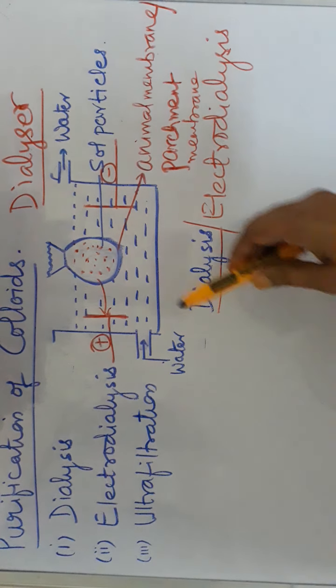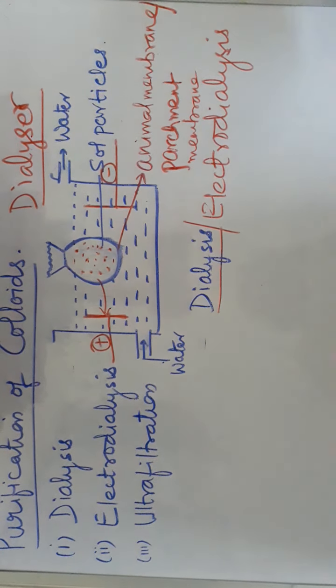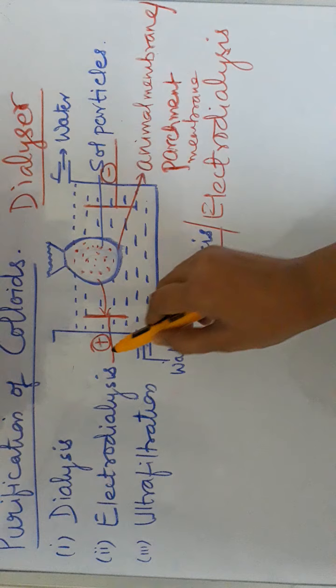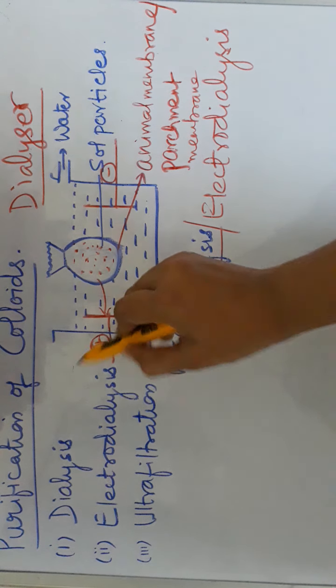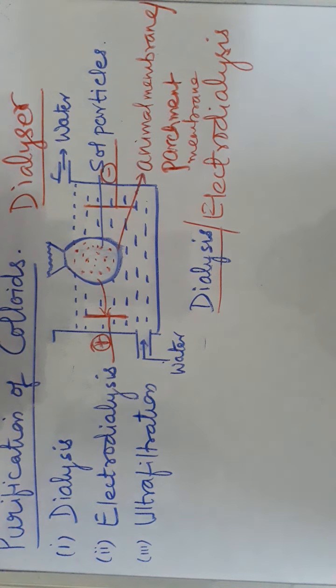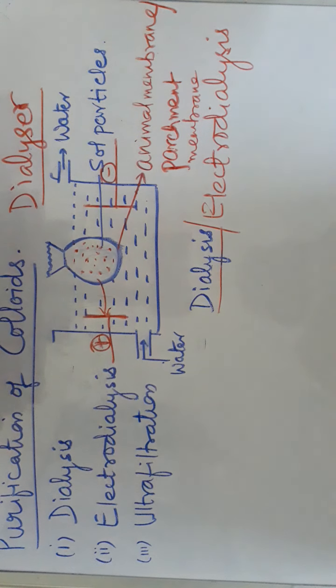But you have to remember that a colloid might contain only one kind of particle. So whatever particle it is having, it will move towards the oppositely charged electrode. If an electrolyte is present as an impurity, the electrolyte contains both cation and anion.